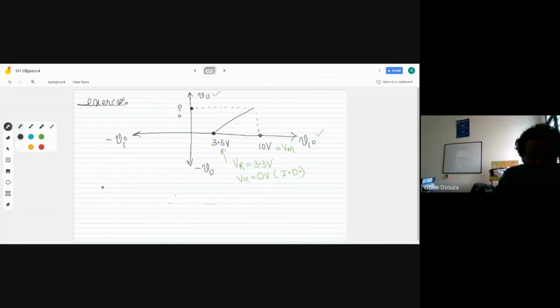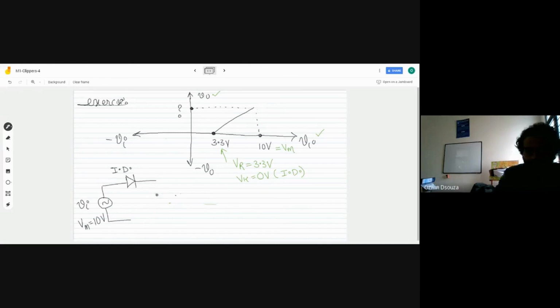So let's construct the circuit. I'm assuming a sinusoidal signal. In fact, you could even take a square signal. I'm assuming a sinusoidal signal, Vi. This is very important: I have to write the maximum voltage as 10 volt. Place the diode in this manner and claim it as an ideal diode.